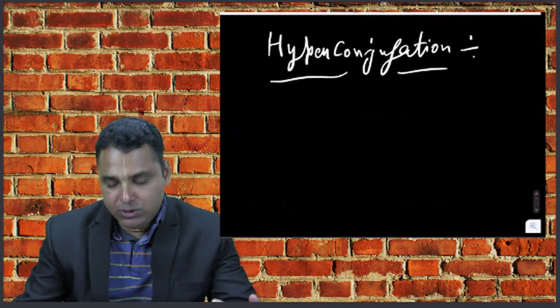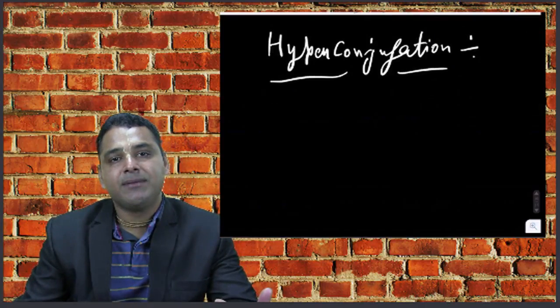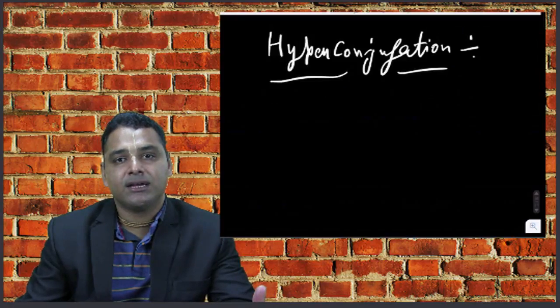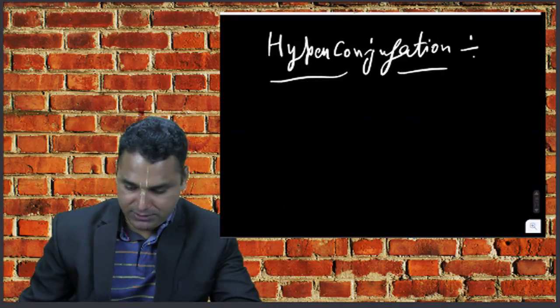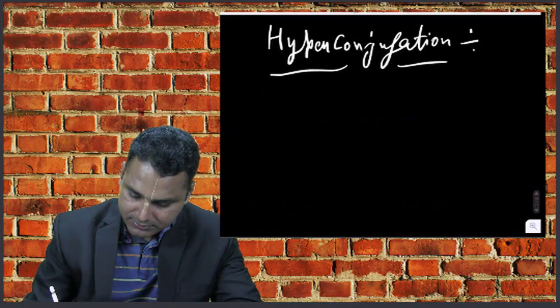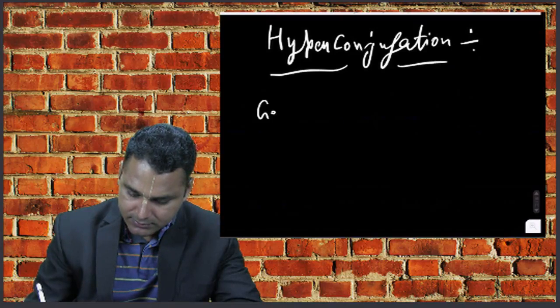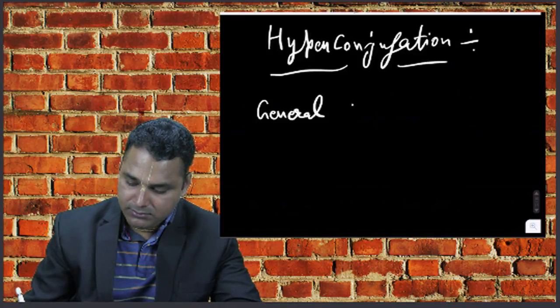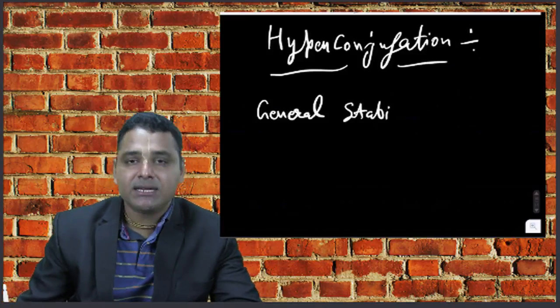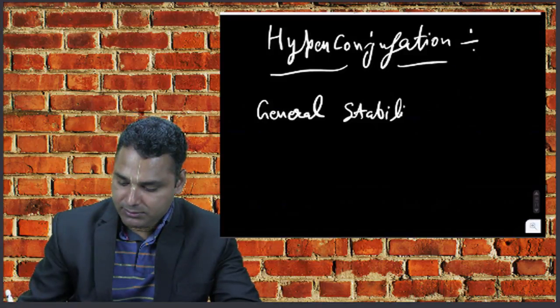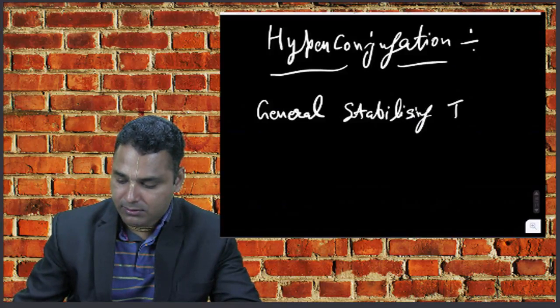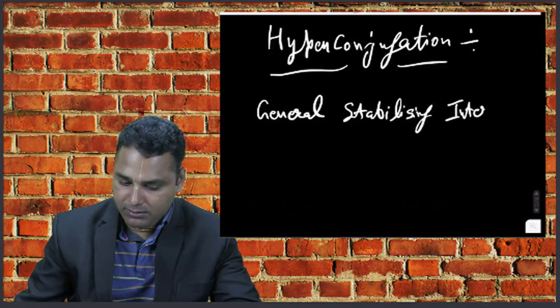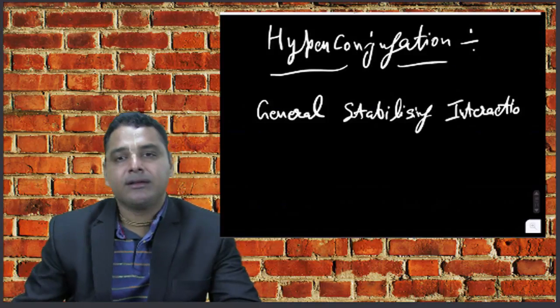So hyperconjugation is a general stabilizing interaction, which tries to stabilize the compound. And what does it involve?